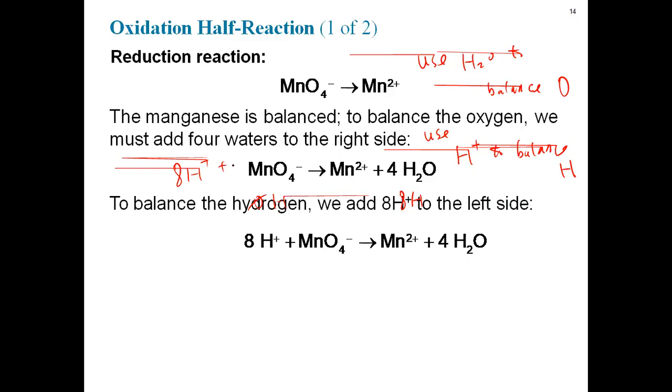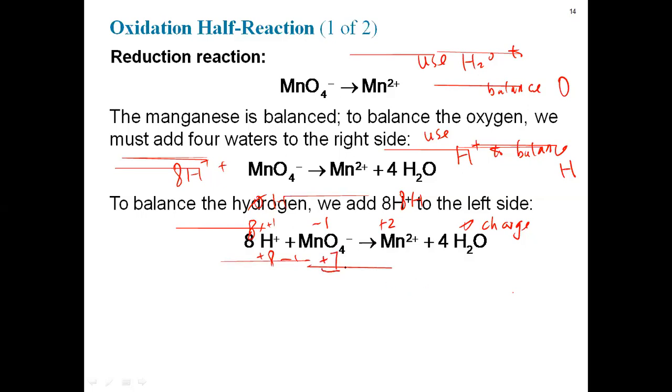Next, you balance the charge. So how many charges on the right? 0 charge here, +2 charge here, -1 charge here, and 8 times +1, so +8 here. So +8 -1 gives us +7.